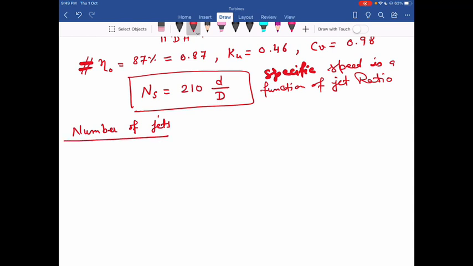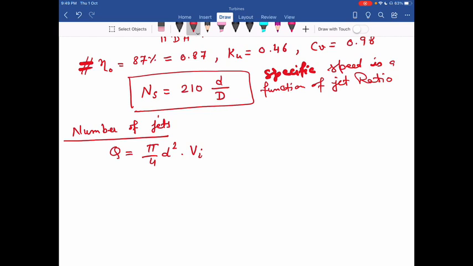Okay. So now the discharge. Discharge is given by pi by 4 d square into Vi. So if I need more discharge, that means there is more value of Vi and there is more value of D. So the purpose to increase the number of jets is to increase the discharge.